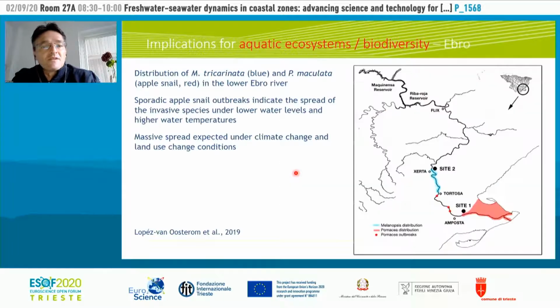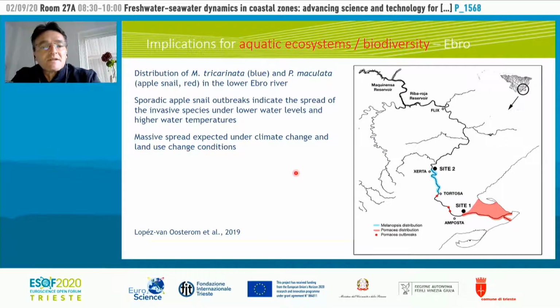If I move on and show an example of how such climate and land use changes are impacting aquatic ecosystems and even biodiversity, it was a study we made, only published last year, where we're looking at different species of snails.